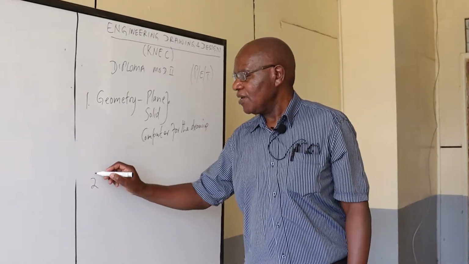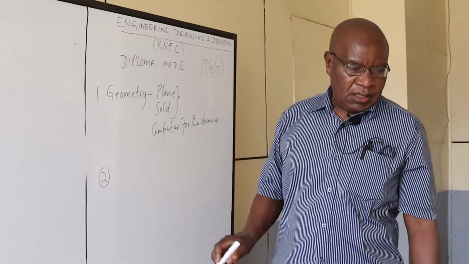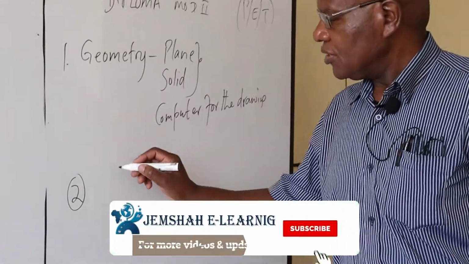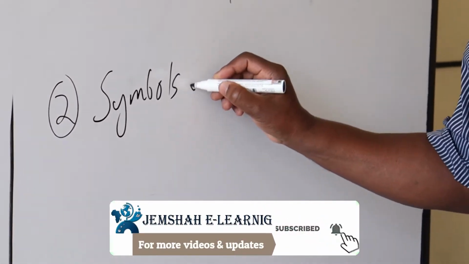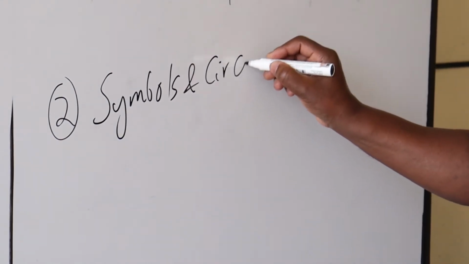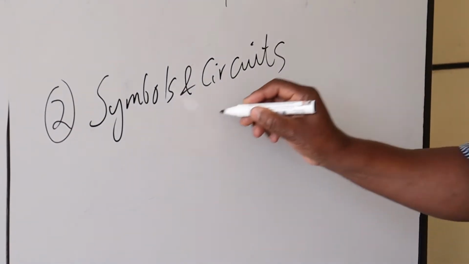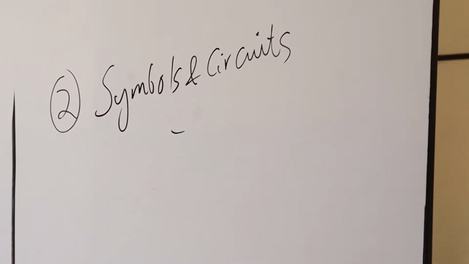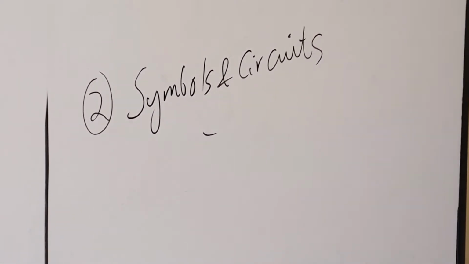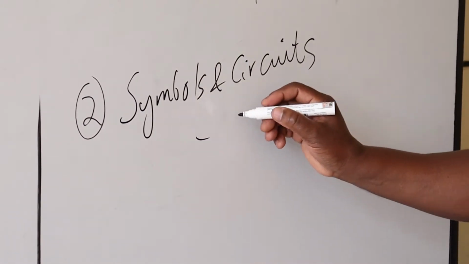Now the second one we have is symbols and circuits. In these ones here, the symbols we use them for communications.